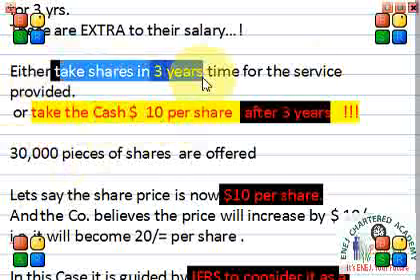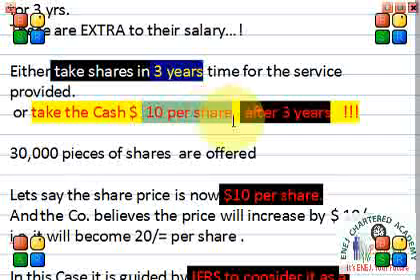So you take the shares and then sell them outside at a higher price and make a better benefit. If the share price increases, you take the shares and sell them out. If the share price falls, you take 10 per share as a benefit.